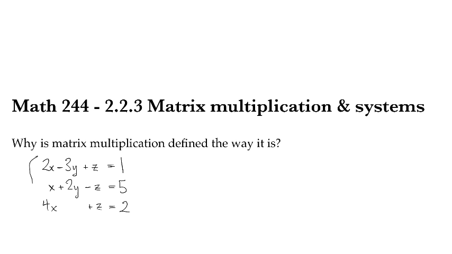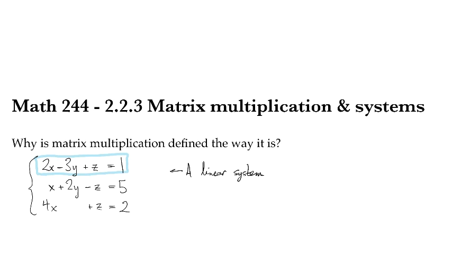So a linear system is a system of equations like this, and each of these equations is a linear equation. So we call it a linear system. And the meaning of linear in this case is that each one of these equations only has the variables x, y, and z present to the first power, never multiplied against each other, and I'm not applying any functions to any of them.